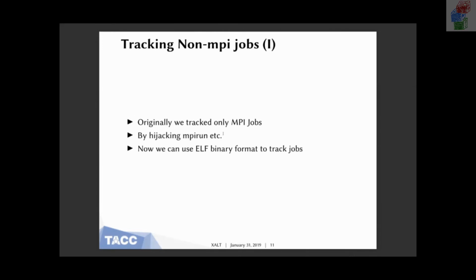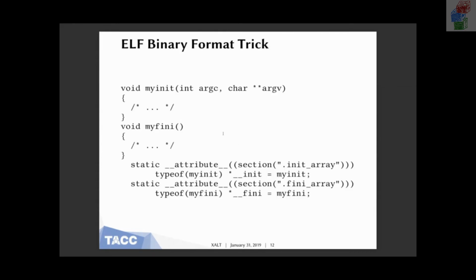Now, tracking non-MPI jobs. As I said, originally we only tracked MPI jobs by hijacking mpirun or ibrun or srun or whatever. Now we use an ELF trick to track all jobs, all programs. ELF is Baroque.